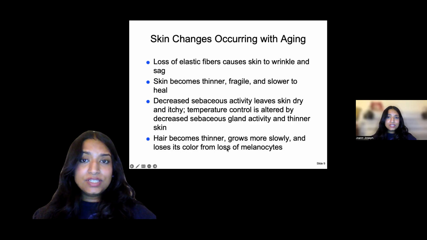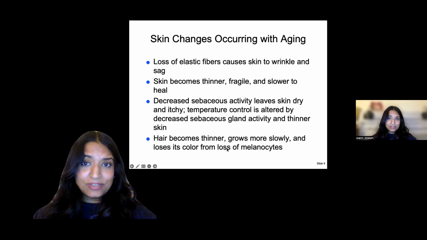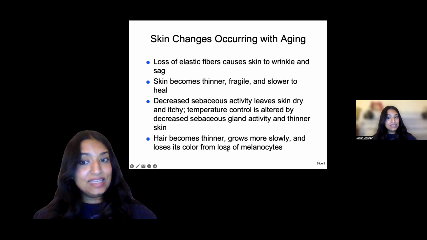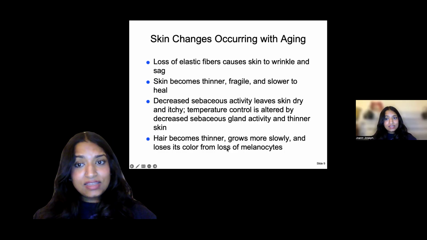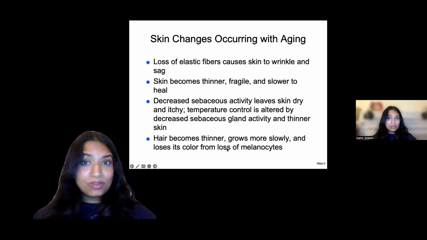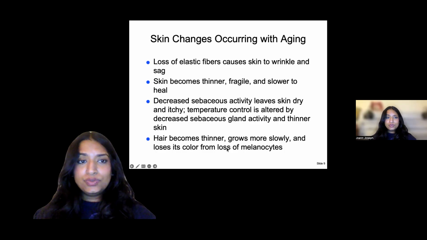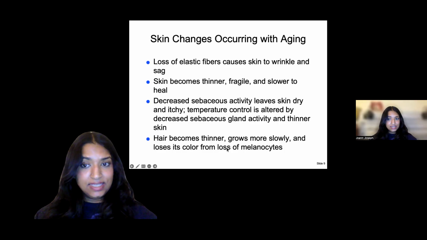Think about harmful and damaging agents as well, like tanning beds and chemicals that people apply to their face or their body, particularly a lot in cosmetic instances. You also want to understand why nutrition is so important to healthy skin and how it affects healthy skin.